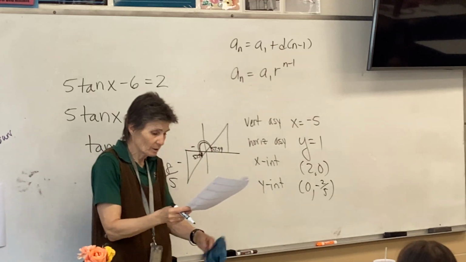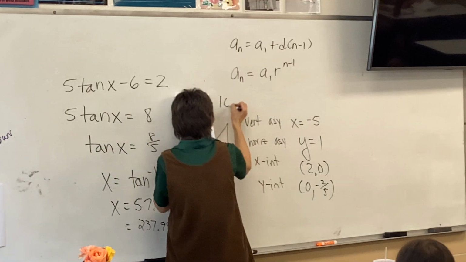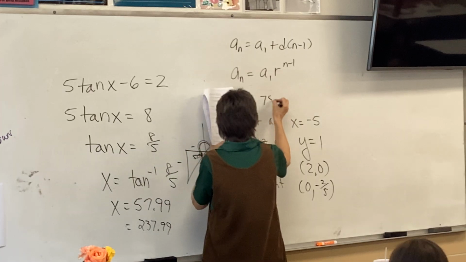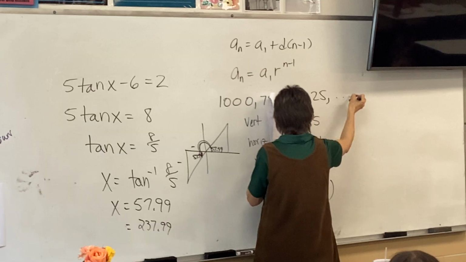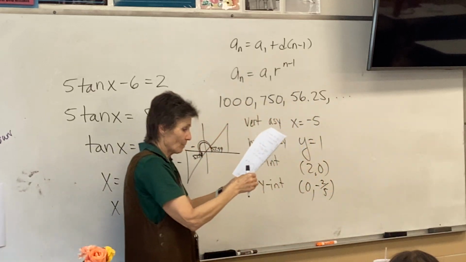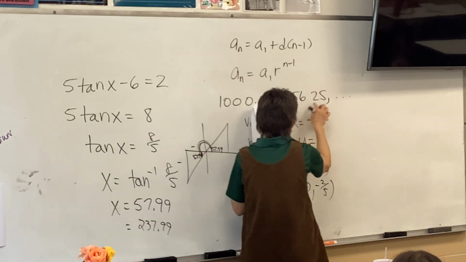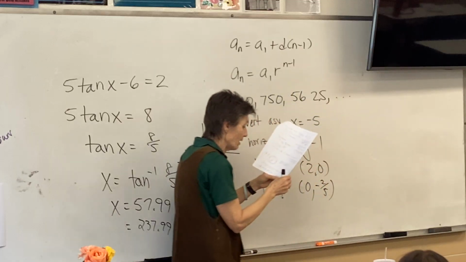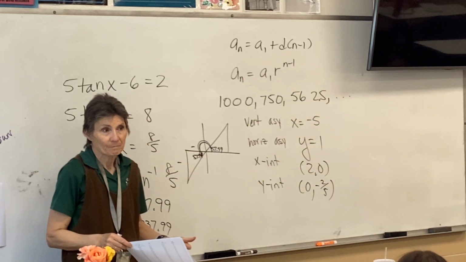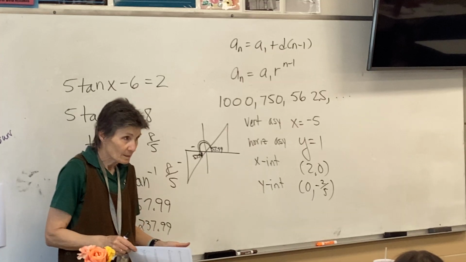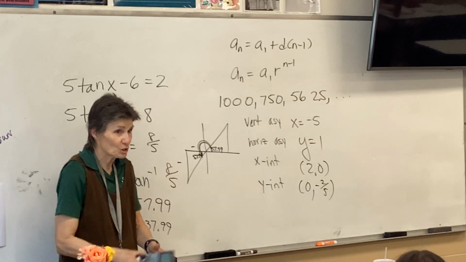So what do I need to really figure out here? Is it arithmetic or is it geometric? Now, I think you can tell right away it's not arithmetic. Right? So then I'm thinking, okay, is it geometric?